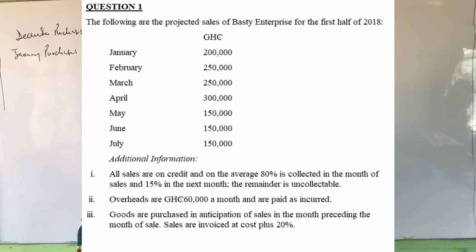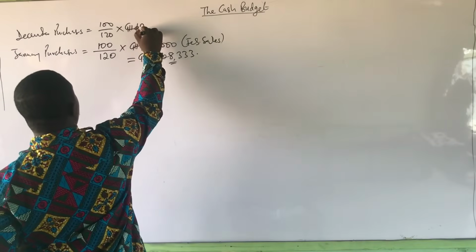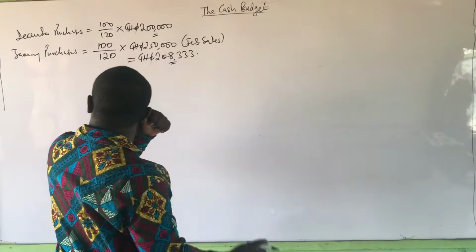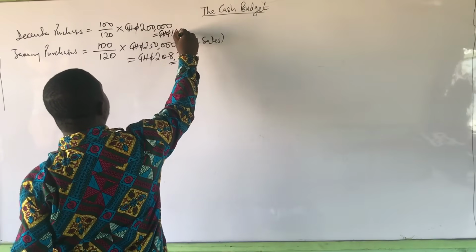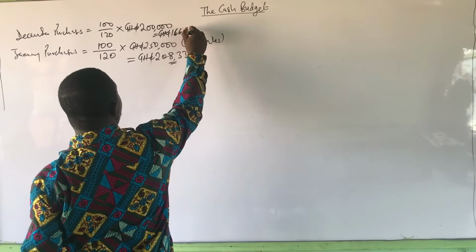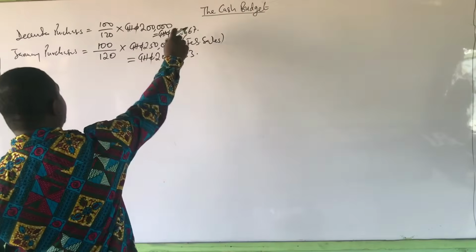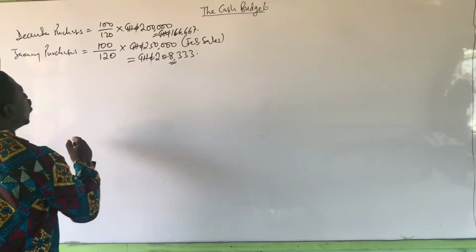January sales is 200,000 Ghana cedis, and therefore that is going to give us 166,667.